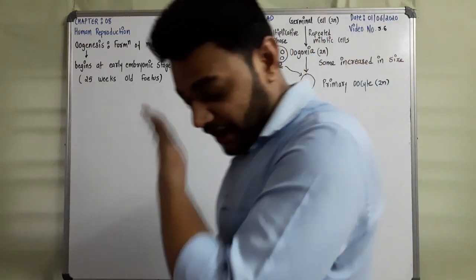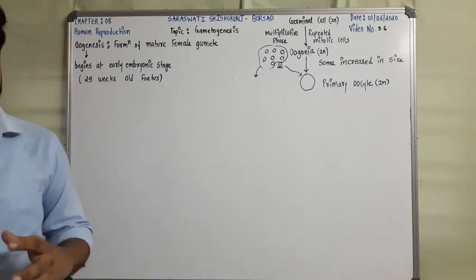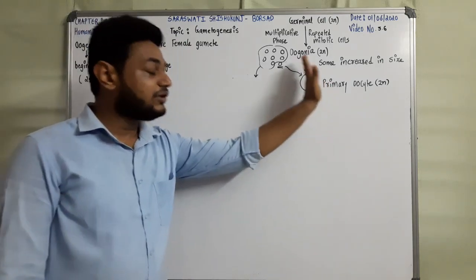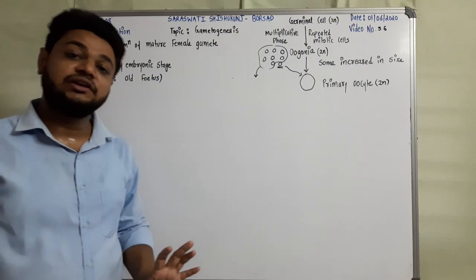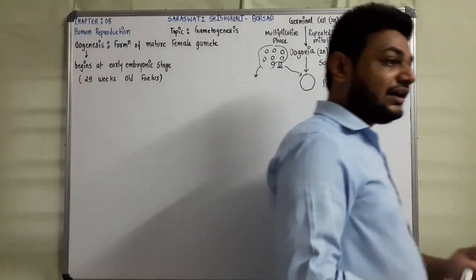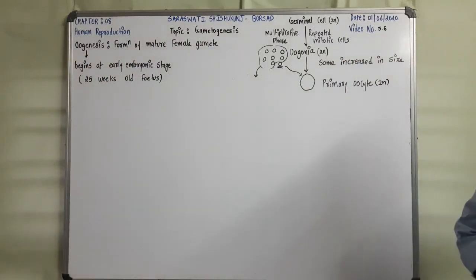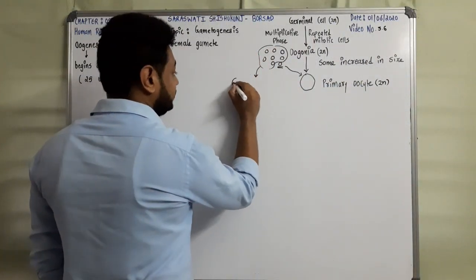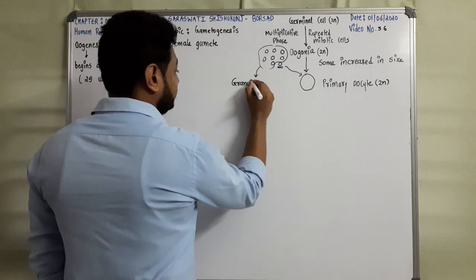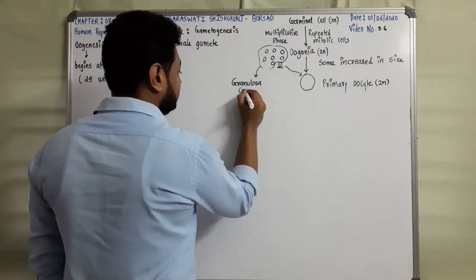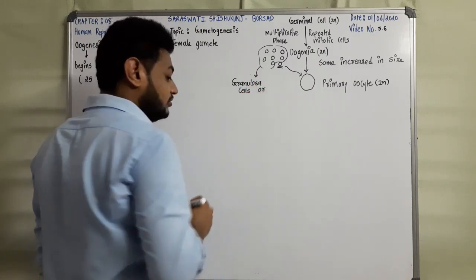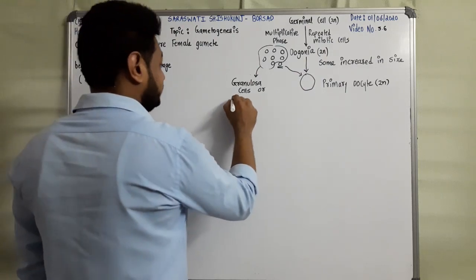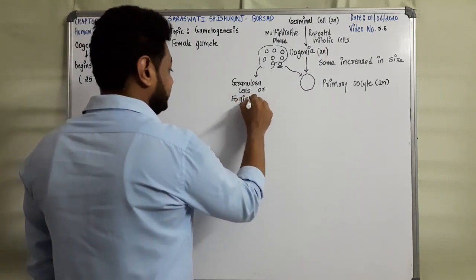These are the cells which get surrounded around the primary oocytes. So these are granulosa cells or follicle cells, those which remain as they are.